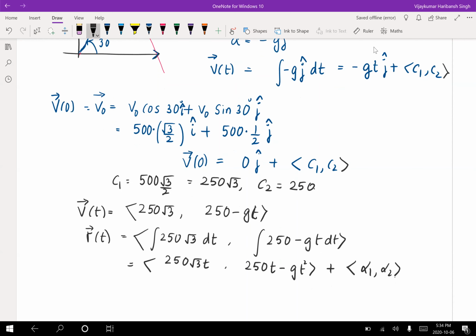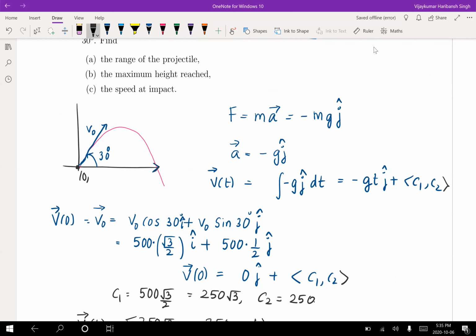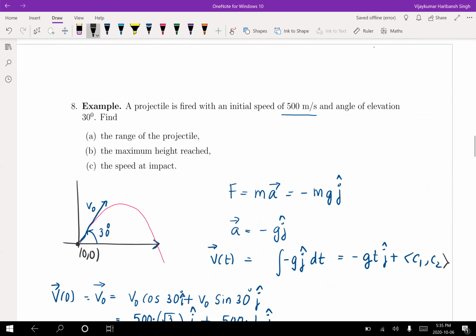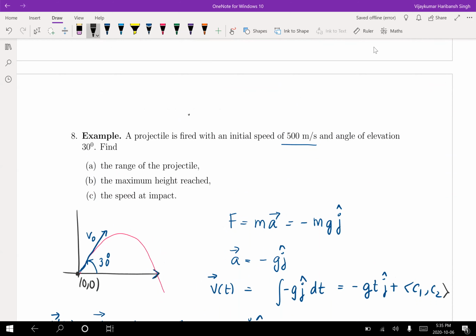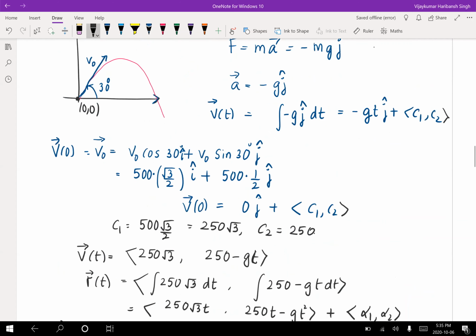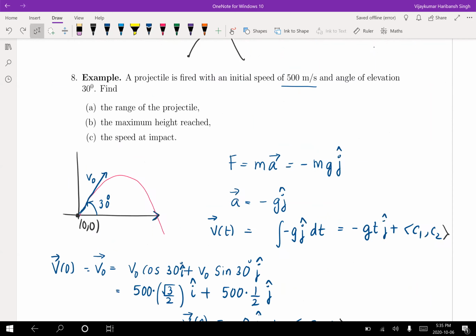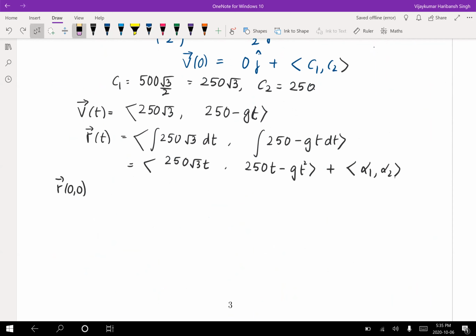Now note that r of 0 is (0, 0). Why? Because we placed our origin, the starting point, at (0, 0). We are starting with the idea that it was fired from the ground, because no height is given to us. So r of 0 is (0, 0) at the starting point.